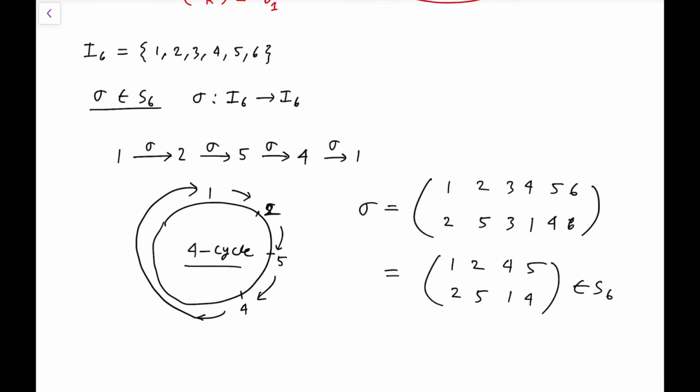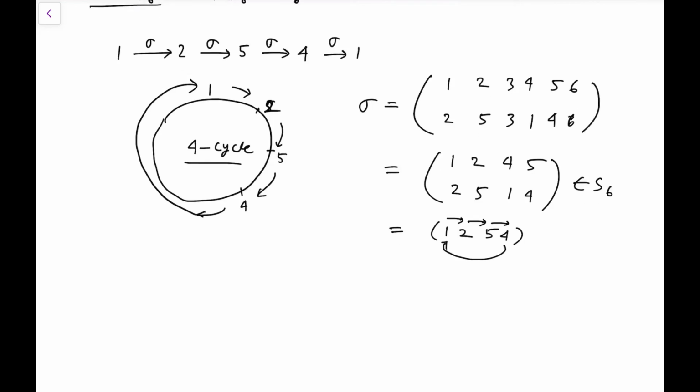So this is in S6. The general notion of writing a cycle is like this: 1 2 5 4. That is, 1 is mapped to 2, 2 is mapped to 5, 5 is mapped to 4, and 4 is again mapped to 1. So this is the notion of writing a cycle.